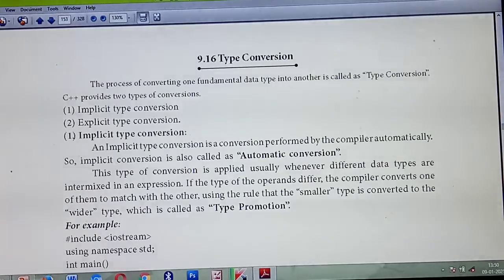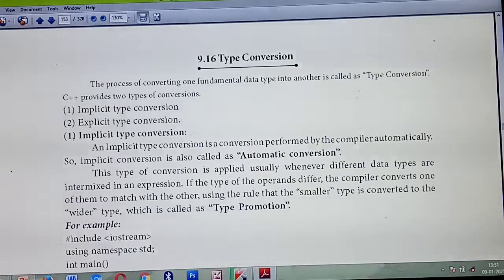So type conversion, the name itself has conversion. So you are going to convert the data type. That means you are going to convert some fundamental data type to some other data type. So what are the fundamental data types you have studied? Integer, float, character, double and void, isn't it?